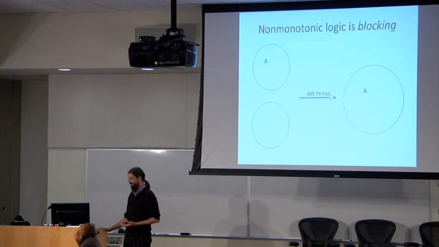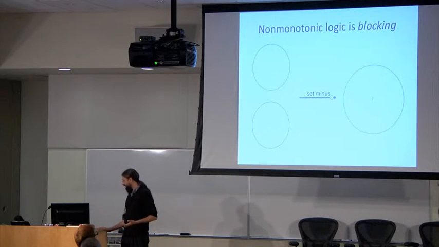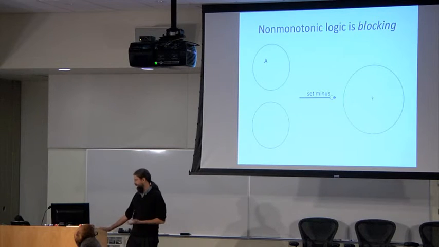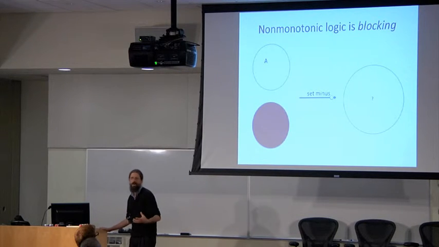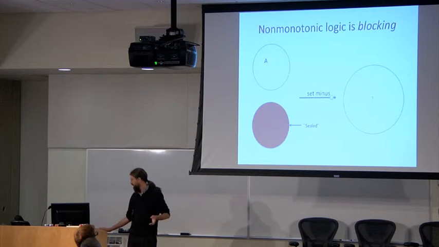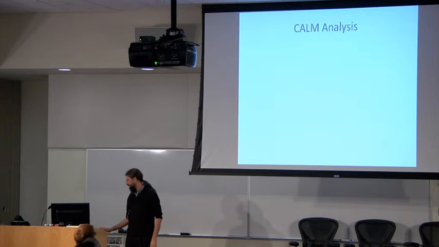Can I say that A is in this set? Well, the question is, will A ever be in this set? And so in practice, I'm not going to say if A is in my output set until I can seal the input that I'm taking the complement of, right? Once I say this is never going to change anymore and A is not in it, I can say that A is in this. Okay?